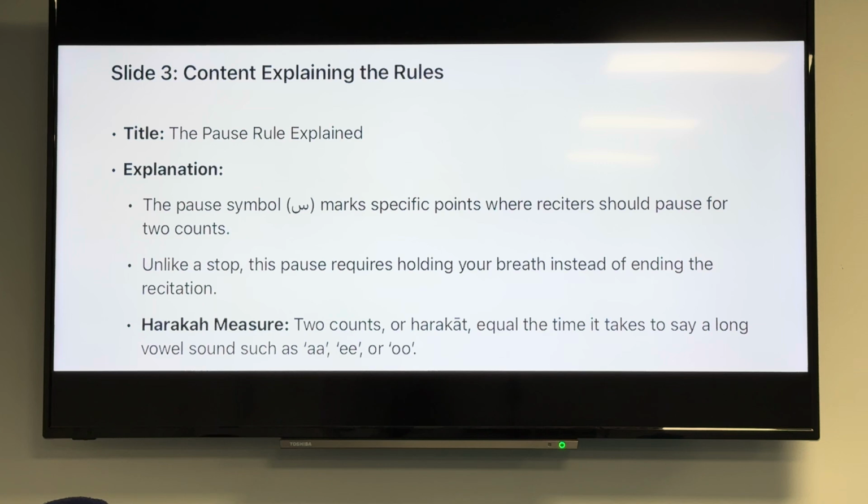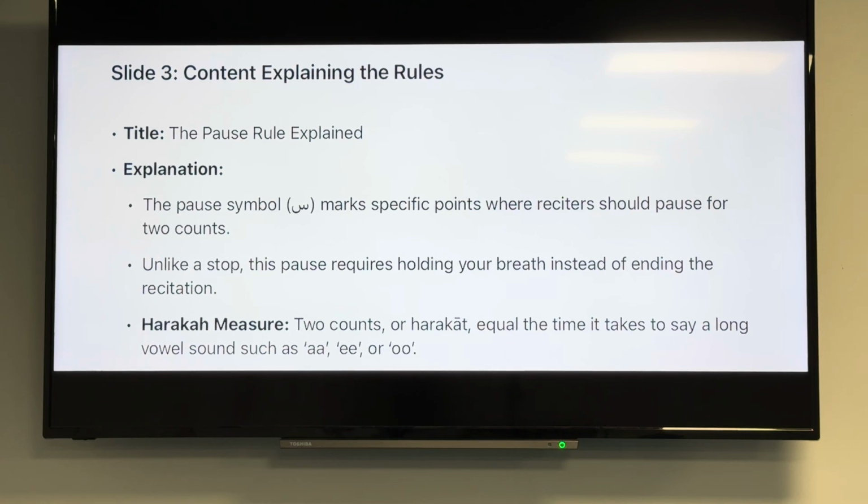Correct? Agreed, brothers? So in terms of the stop symbol, we know so many of the stop symbols that we have studied so far. When it comes, you completely let your breath go. For example, Bismillahir Rahmanir Rahim. Alhamdulillahi Rabbil Alameen.